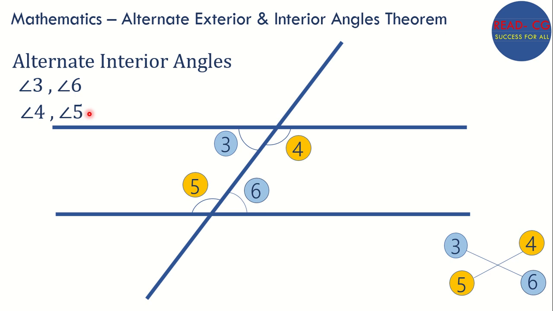Now come here, alternate interior angles. We know that angle 3, angle 4, angle 5 and angle 6, these all angles known as interior angles.